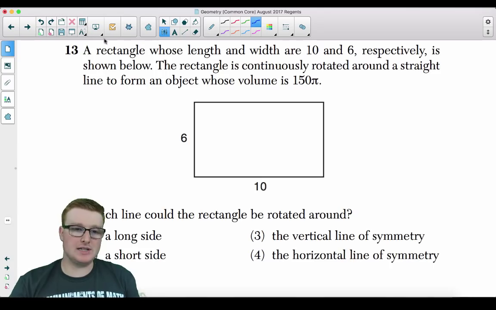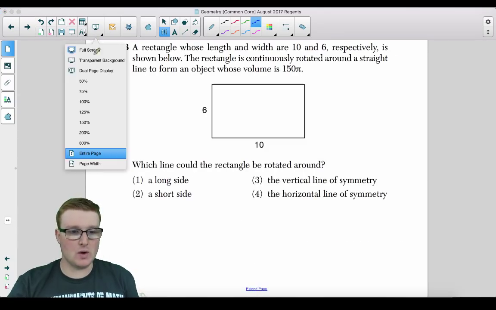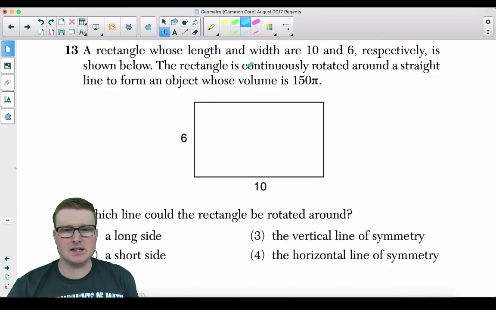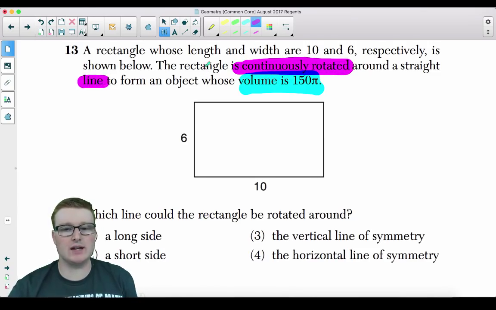Now, the key words here that I see very quickly that should be important to you as well are volume is 150 pi and continuously rotated about one of its straight lines.